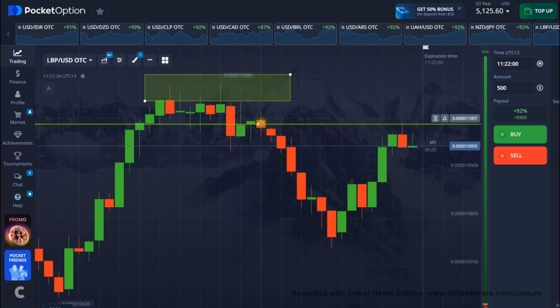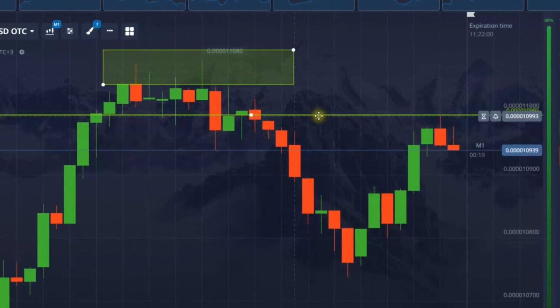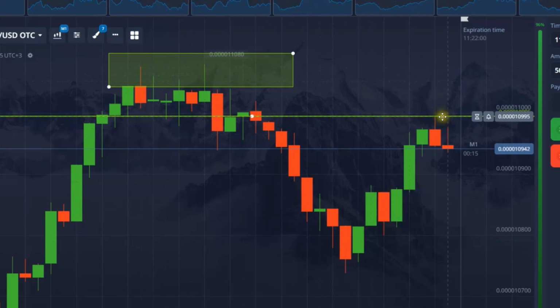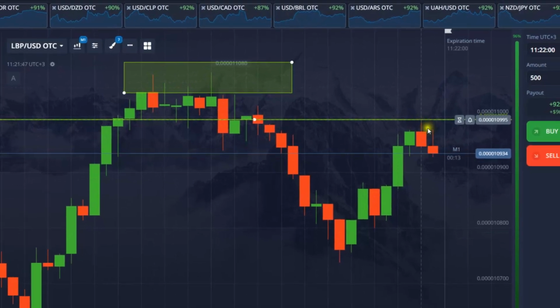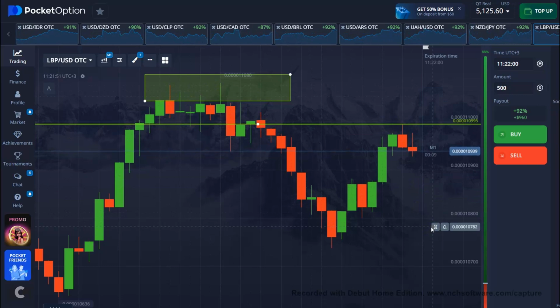Then the market started moving down aggressively, and this was a retracement. And once we came back to this supply area, I believe that the sellers were going to get back into the market so that they can continue pushing the market down. So that was our trade, and I hope you guys have understood why I took that trade.